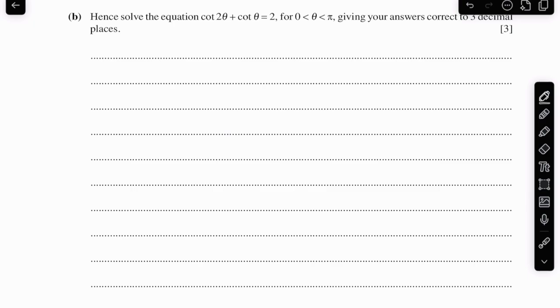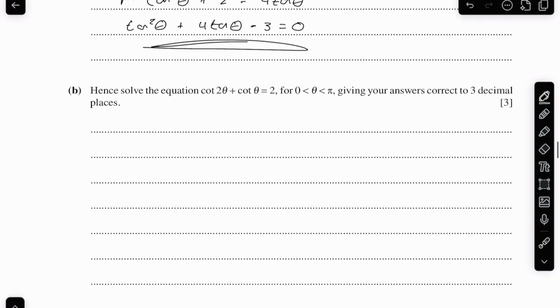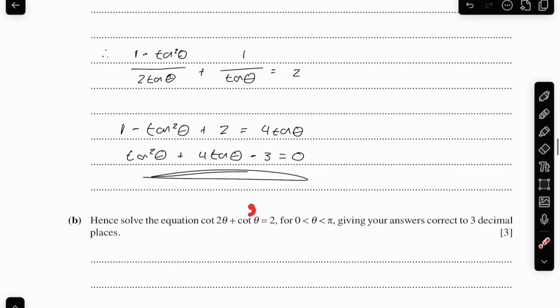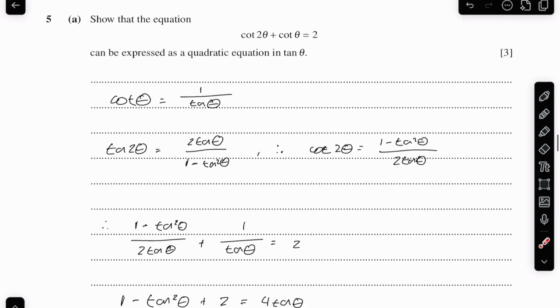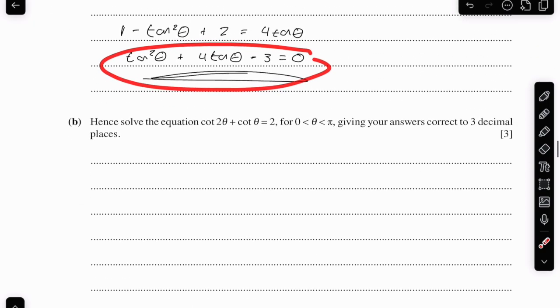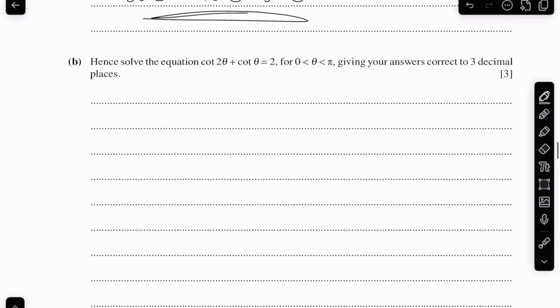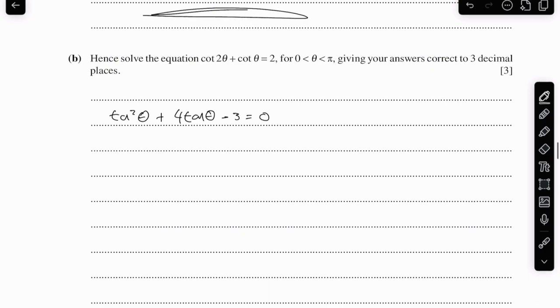So the way you want to go about doing this is we've seen from the previous question that this equation can be written like this. And so therefore we can say that we've got tan squared theta plus 4 tan theta minus 3 equals 0. We can then solve that.